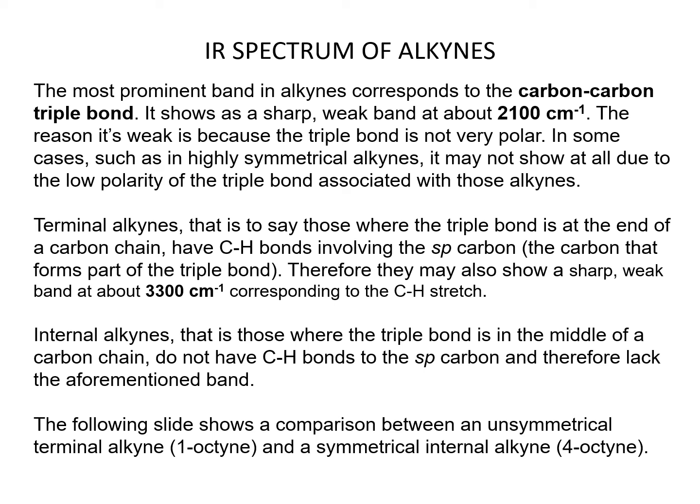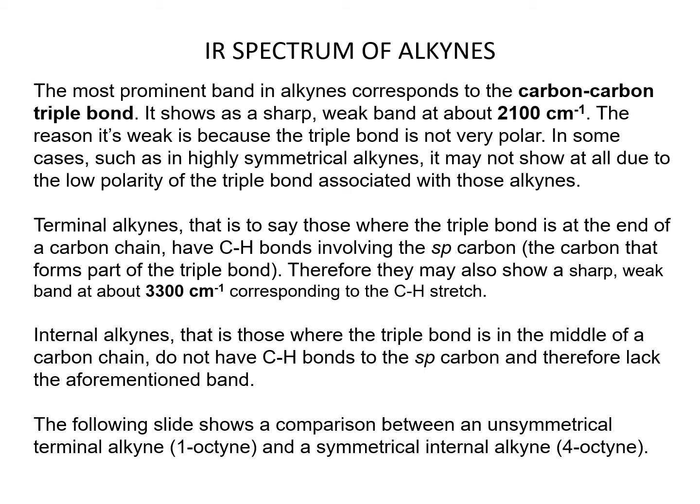For alkynes, again, alkynes and alkenes are almost similar. The only difference is alkynes have another pi bond in addition to the double bond, and because of that you will have an absorption at 2100. However, this 2100, if you see, is less than the carbon-hydrogen absorption.